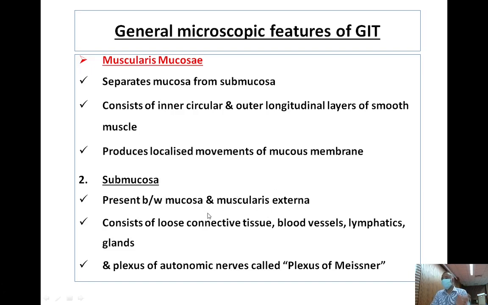So between the mucosa and muscularis externa we have the submucosa. Again it consists of loose connective tissue like our lamina propria. Here it has some blood vessels, lymphatics and glands. Then the nerve plexus: this plexus of autonomic nerves is called the plexus of Meissner. So Meissner's plexus of nerve fibers is present in the submucosa.